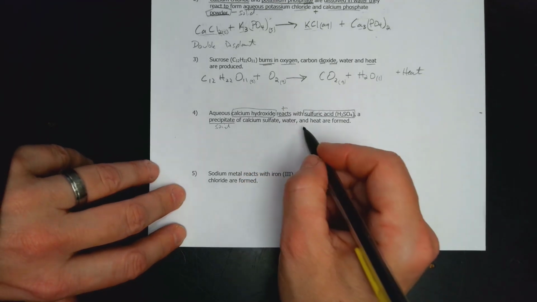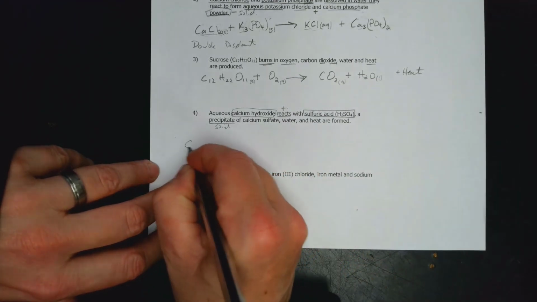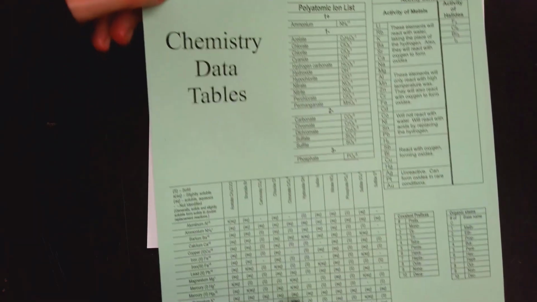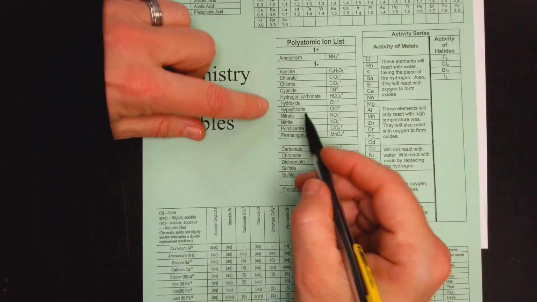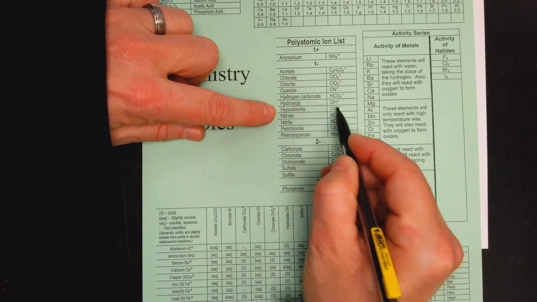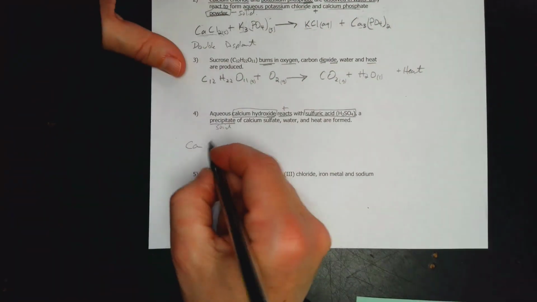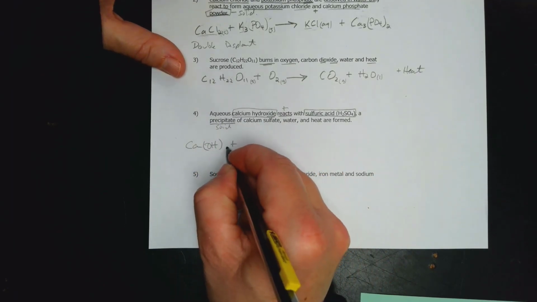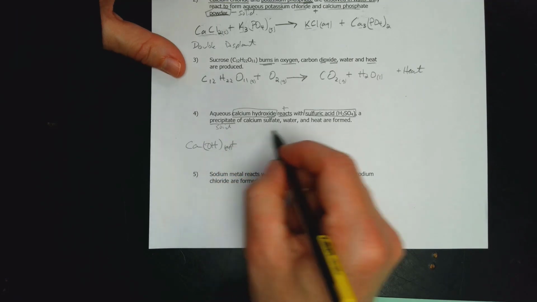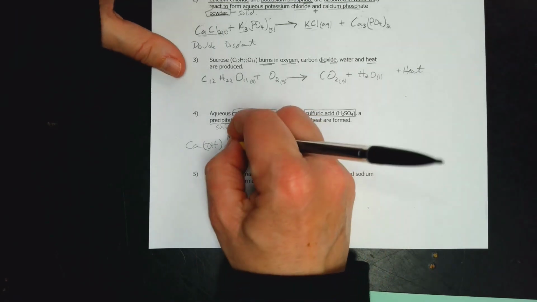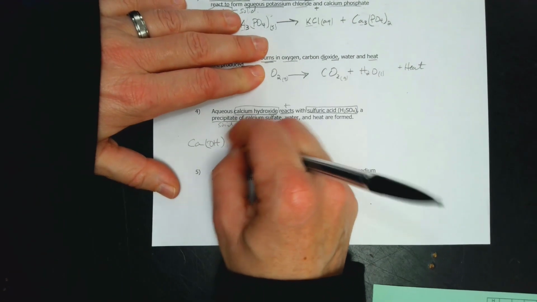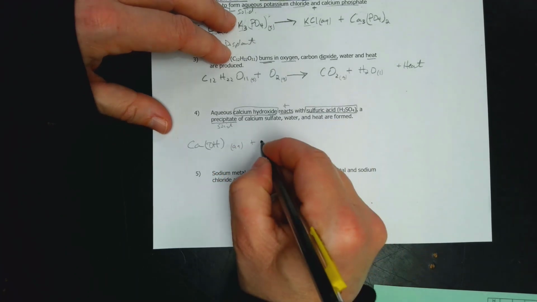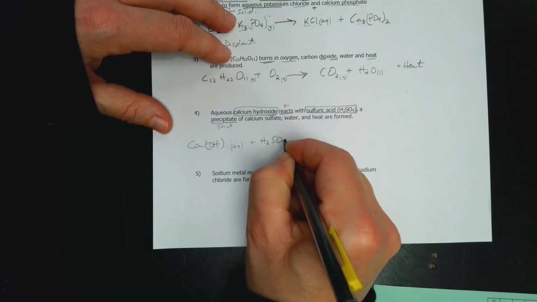So let's go ahead and write out the reactant side first. Calcium hydroxide, so Ca. Now, hydroxide, sometimes those polyatomic ions don't end in ATE. They end in IDE, like hydroxide, which is OH. So calcium hydroxide, OH, plus, and that says aqueous, we know that's going to be an AQ, plus, or reacts with, aqueous plus sulfuric acid, which is H2SO4.